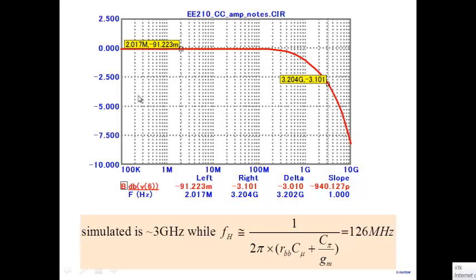And this is the gain of the common collector plotted against frequency, the gain in dB here, and when I go 3 dB below, I find an upper cutoff frequency of 3.2 gigahertz. So our prediction from the open circuit time constant gives us 126 megahertz, and the accurate value from simulation is 3.2 gigahertz.